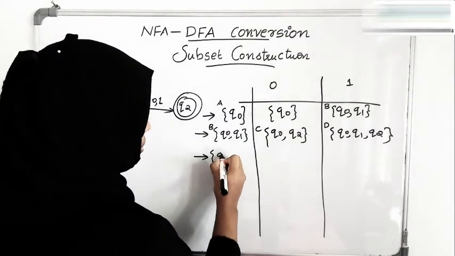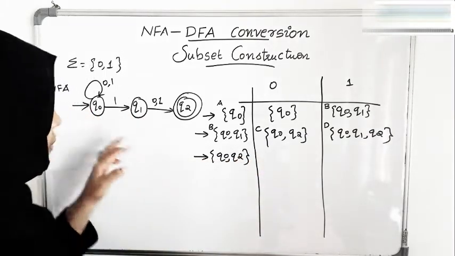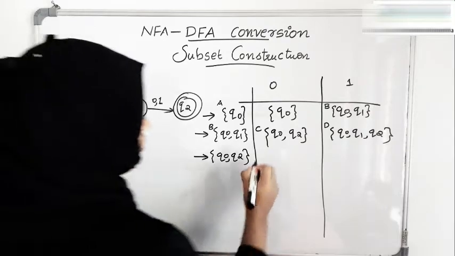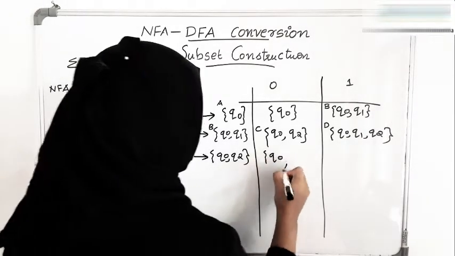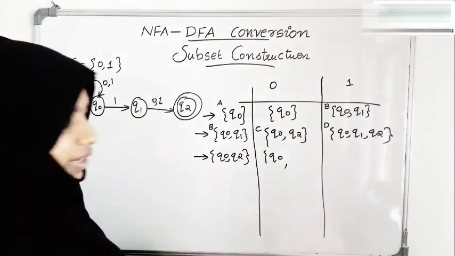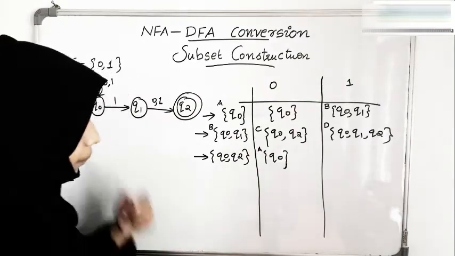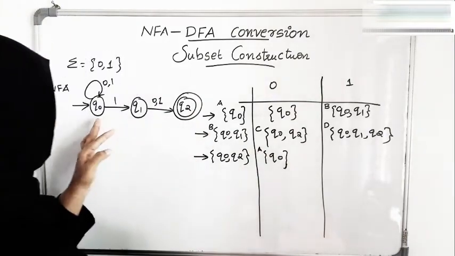That is Q0, Q2. When 0 appears on Q0, you get Q0. When 0 appears on Q2, it's not defined, so you are not getting anything new. This is the same set A. Now Q0, Q2 on 1.